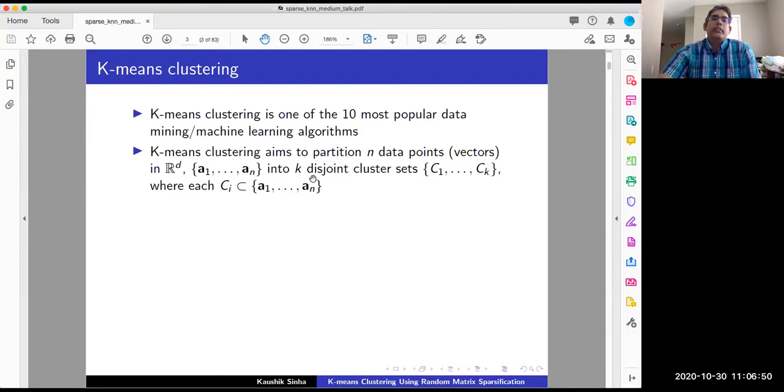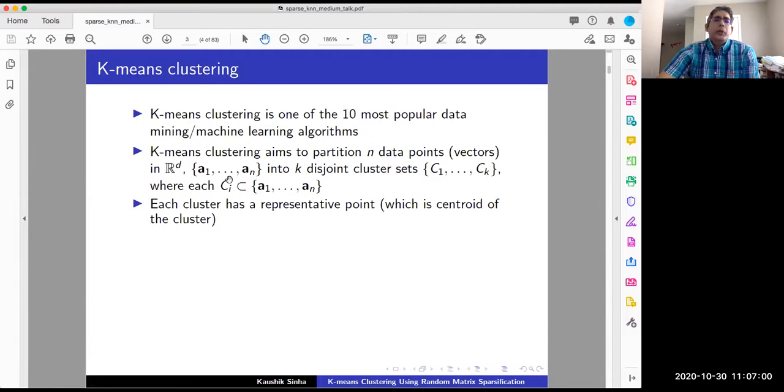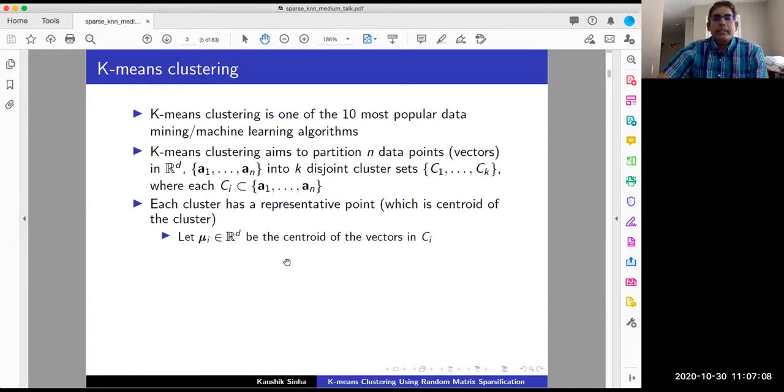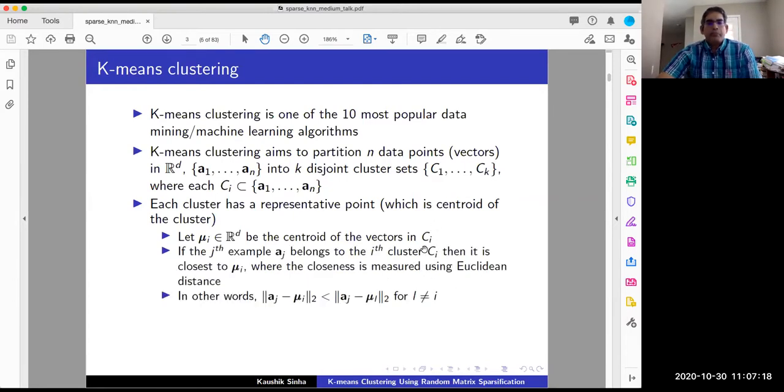Our goal is to find k disjoint cluster sets C1 to Ck, such that each cluster is a disjoint subset of the original n points. In k-means clustering, each cluster has a representative point, which we typically call the centroid. Let mu i be the centroid of cluster Ci, which is another d-dimensional vector, basically representative of all the data points that correspond to the ith cluster.